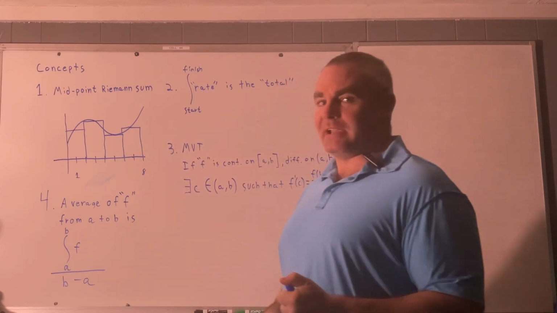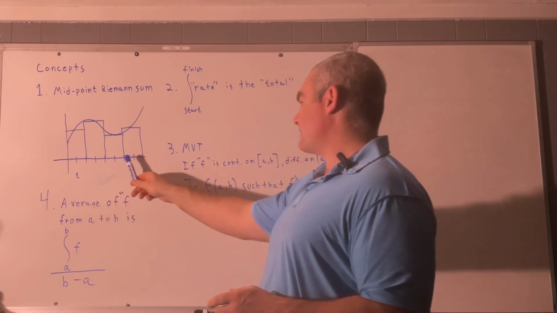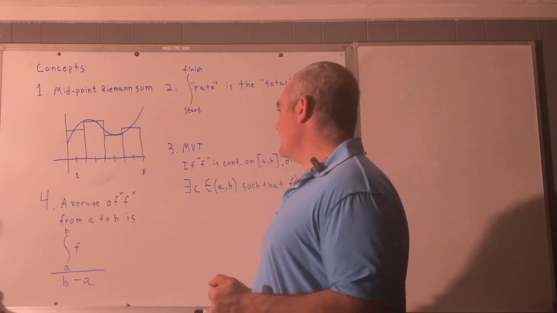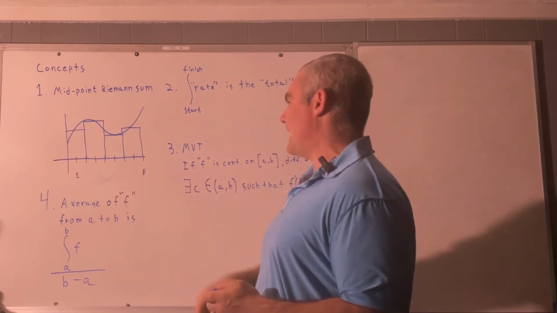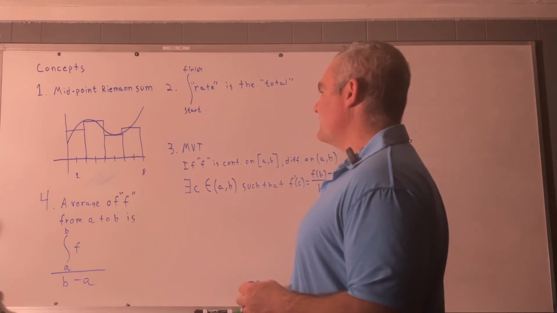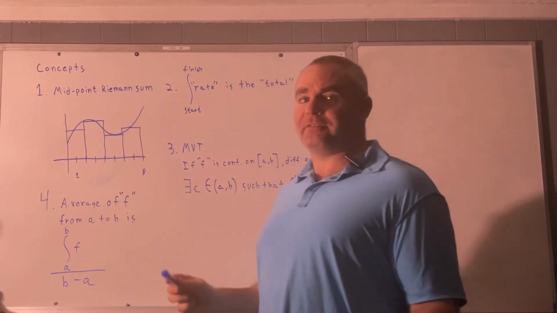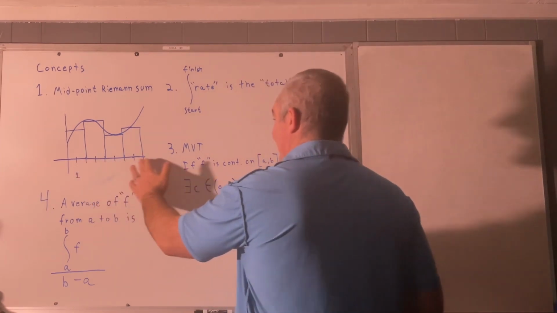It's an approximation to a definite integral. This particular Riemann sum approximates the value going from 0 to 8. What a midpoint Riemann sum does is, first you divide it up into intervals. They don't have to be of equal length. In this case, they are.